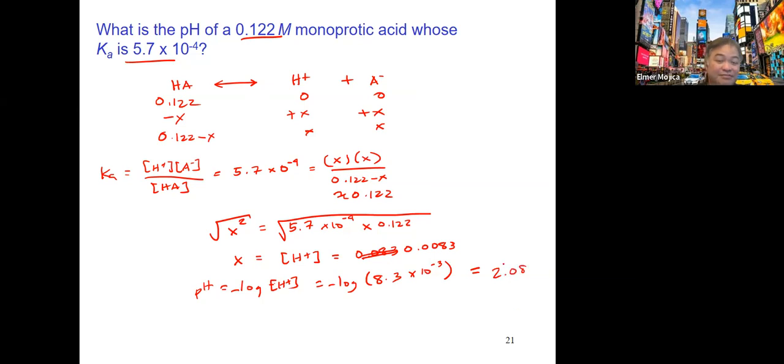Now we have to check, right? 0.083 divided by 0.122 times 100, that is equal to what? We check if it's less or more than 5%.